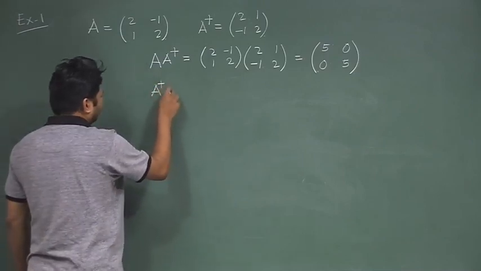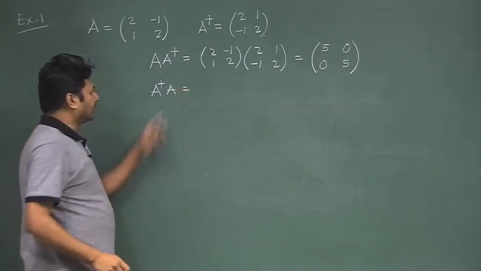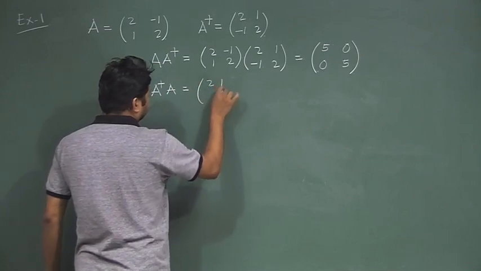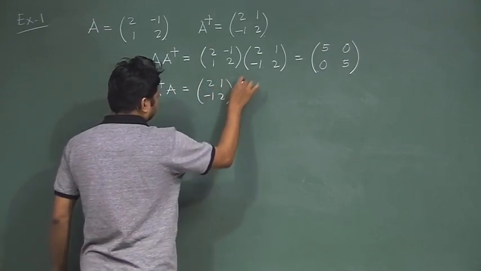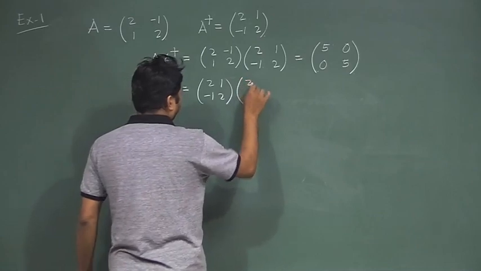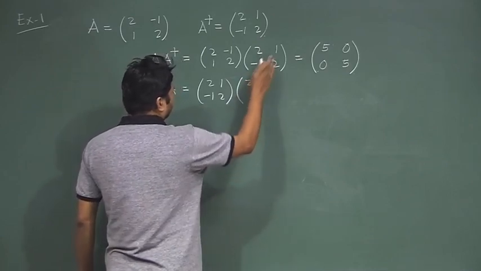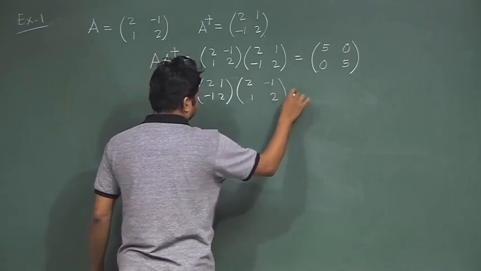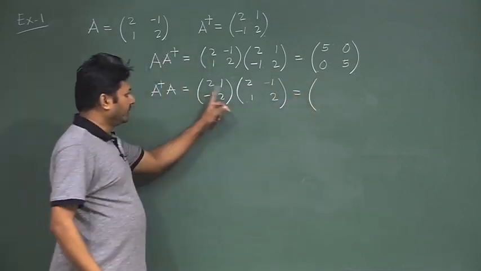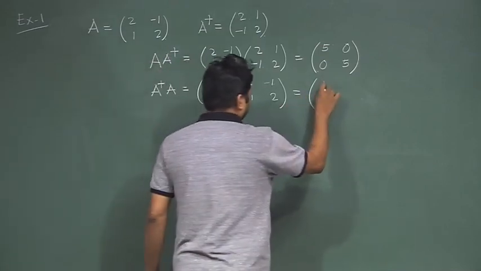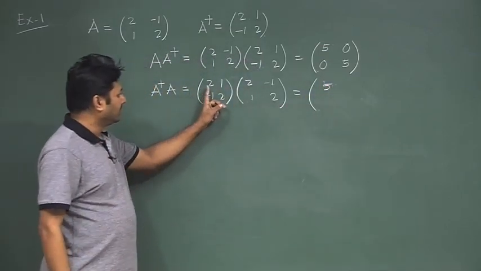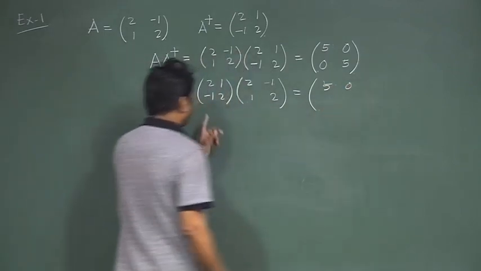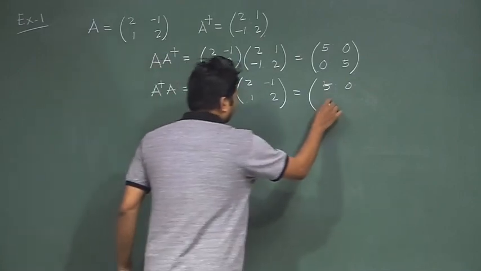Now, I need to figure out what is the value of this when I reverse the ordering. Is this the same thing? So I need to write this one here, A times A Dagger. 2 into 2, 1 into 1, 5 here, fine, seems to be equal. 2 into minus 1, 1 into 2, it is 0, fine. 1 into 2, 2 into 1, 0, again fine.